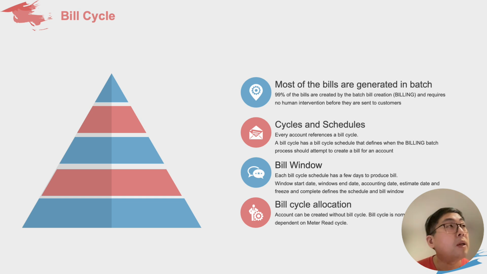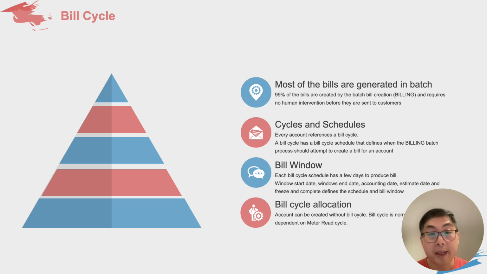For example, if the meter is read every month at the end of the month, then you need to align your bill cycle maybe a few days after the read cycle, because you have to give some leeway to allow the reads to be loaded. And then by that time you are saying, okay, I should have this read on the window start date, and then I start to bill.